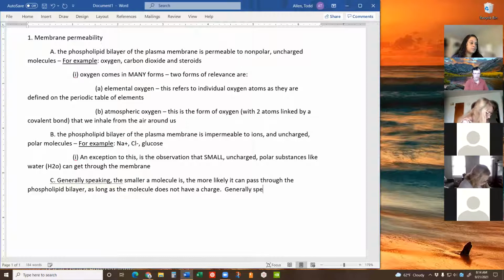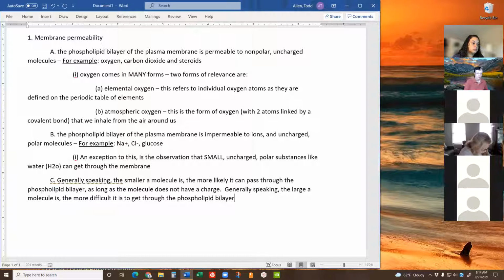Generally speaking, the larger a molecule is, the more difficult it is to get through the phospholipid bilayer. Okay, so this is just some rule of thumb statements to start guiding our conversation today.